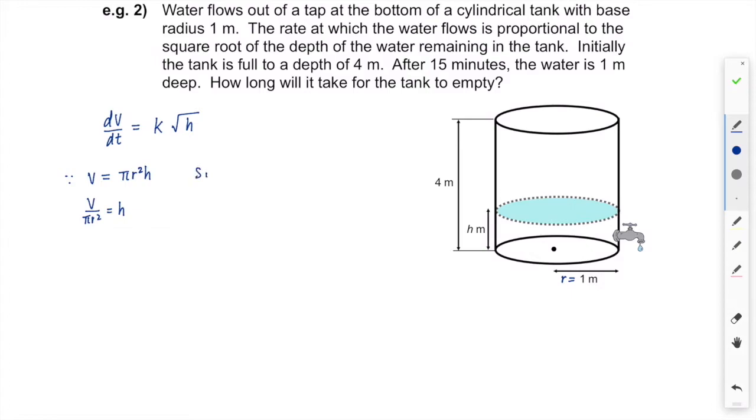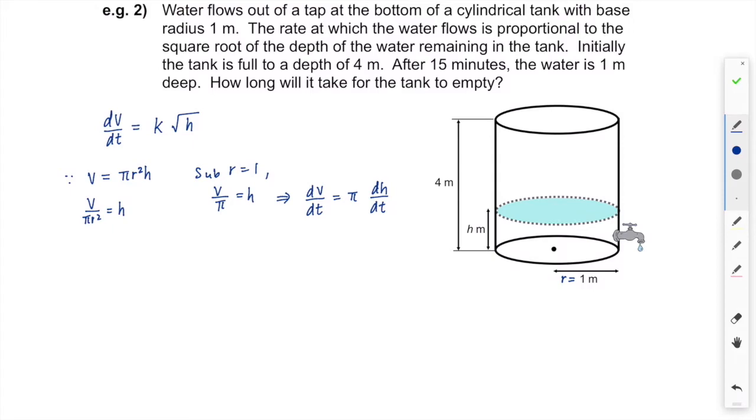Okay, so we can sub r equals 1, which gives us h equals V over pi, which also implies that the rate of change of volume, dV by dt, is equal to pi times the rate of change of height.